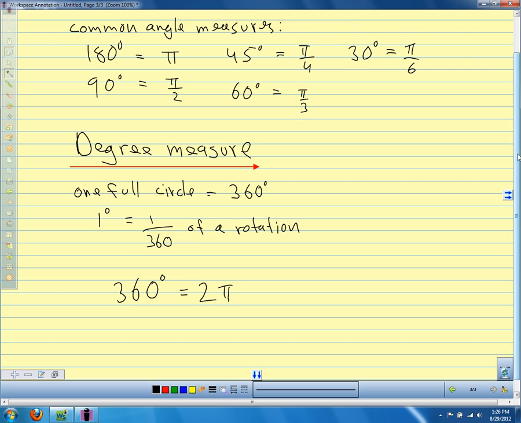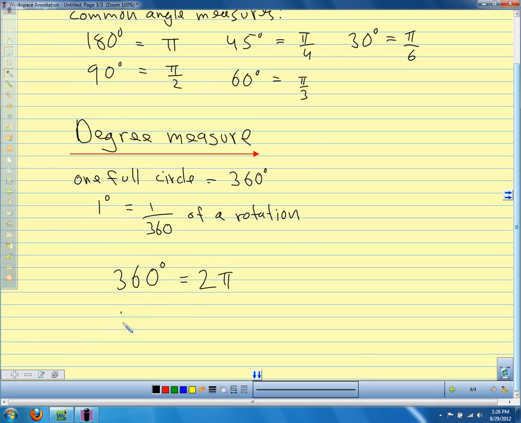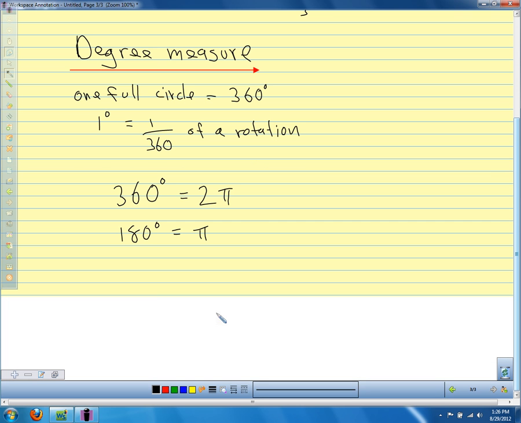And if we divide both sides by 2, we already said that 180 degrees equals pi radians. So 1 radian, and I'm going to write rad for radian, 1 radian is 180 degrees divided by pi.